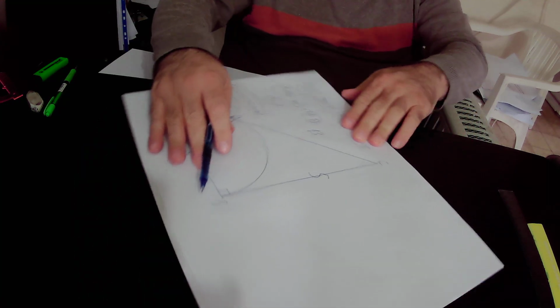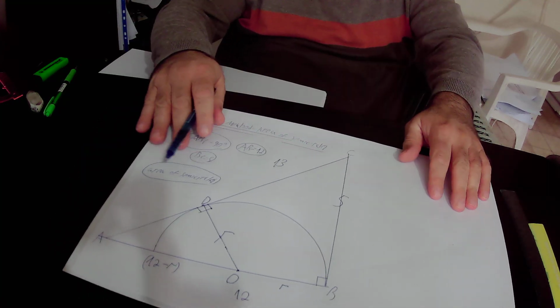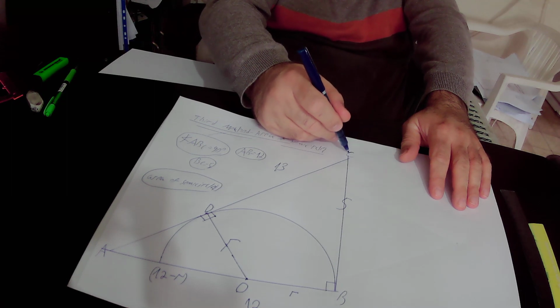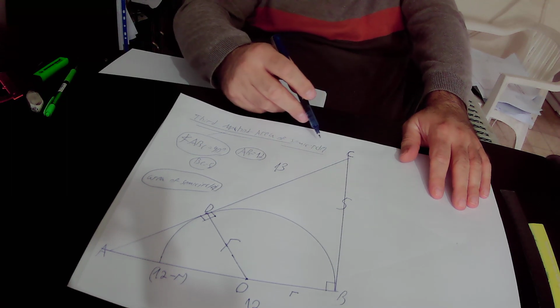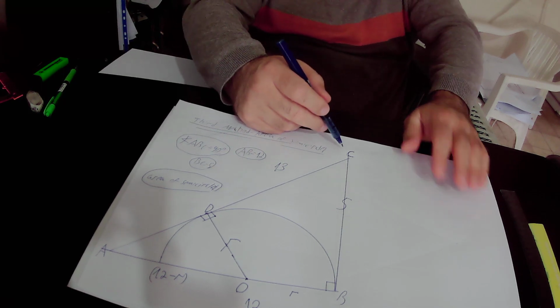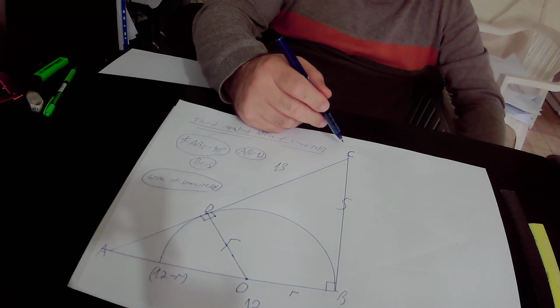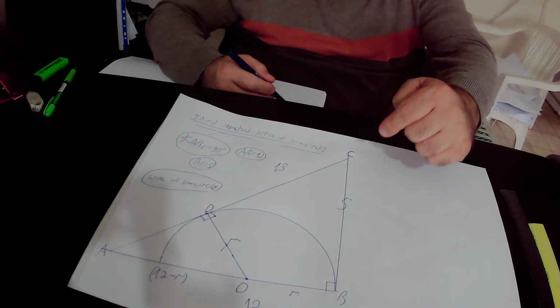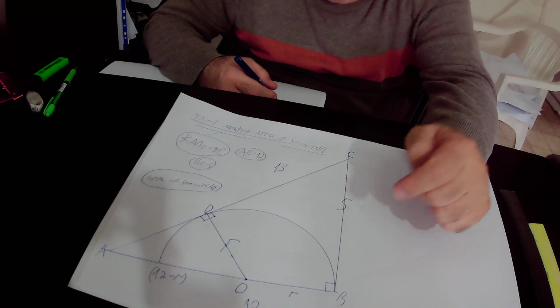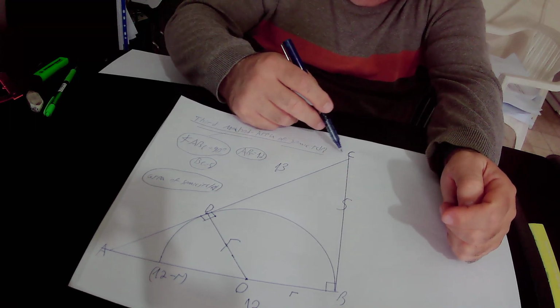This point, point C, is an external point of this semicircle, and from the external point C we actually have two tangents to this semicircle. The first tangent is tangent CB, and the second tangent is tangent CD.